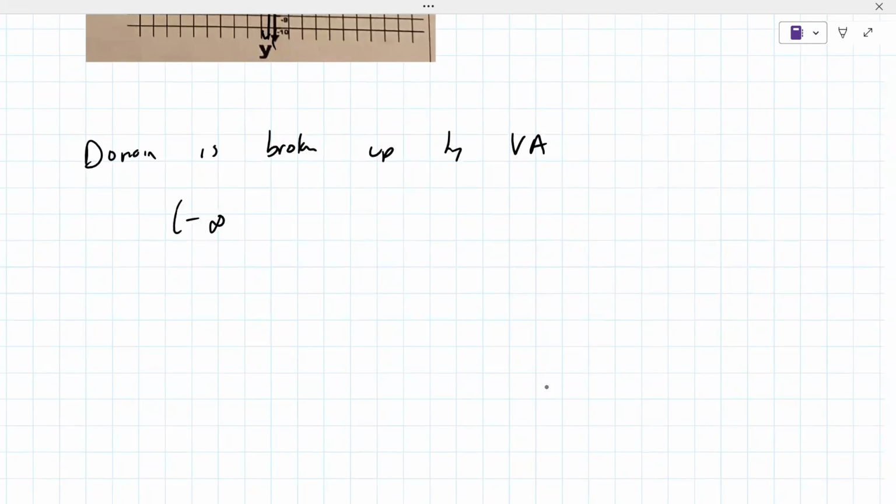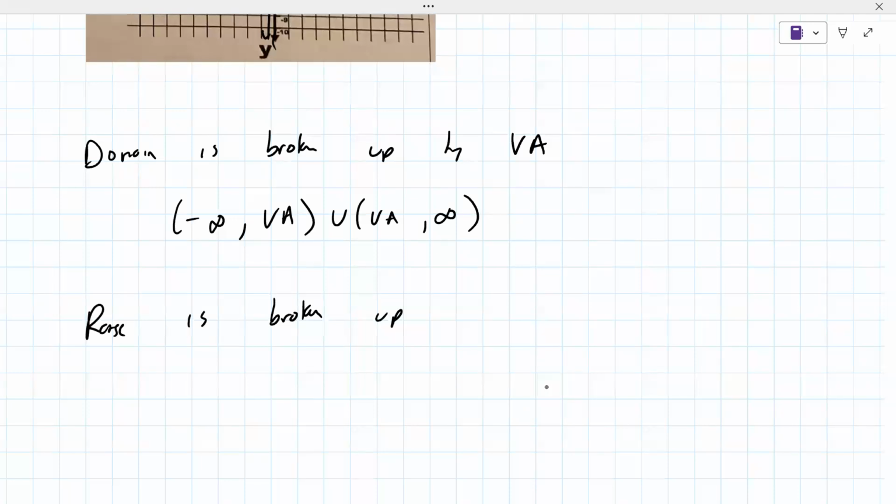It's typically minus infinity to the vertical asymptote, union the vertical asymptote to infinity. Range is often, these are not absolute statements, broken up by the horizontal asymptote: minus infinity to the horizontal asymptote, union the horizontal asymptote to infinity.